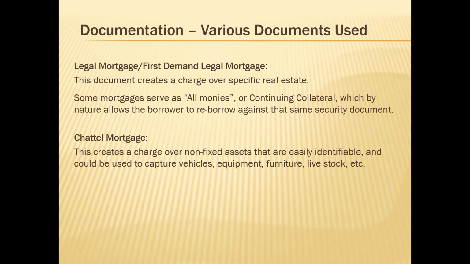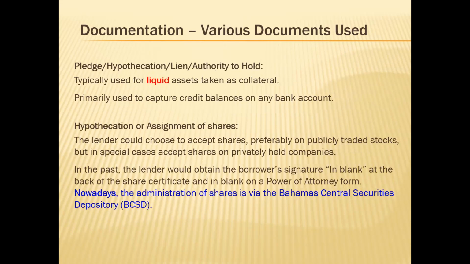So let's look at the pledge. The pledge or hypothecation or lien, authority to hold. Again, there are some corrections or amendments that need to be made in your book. This is typically used for liquid assets.